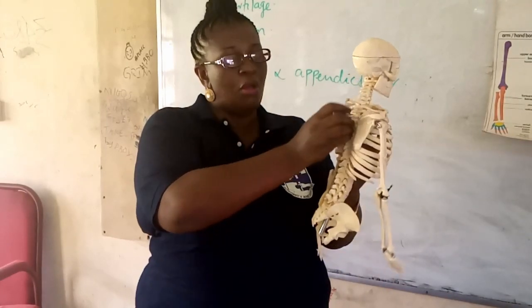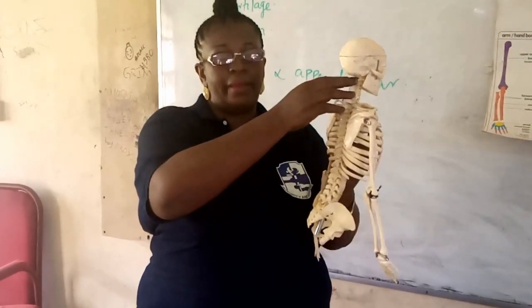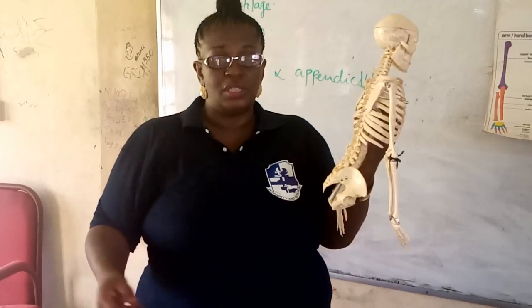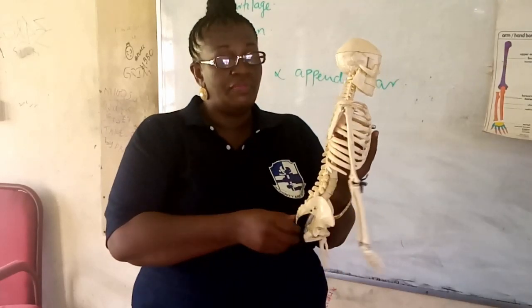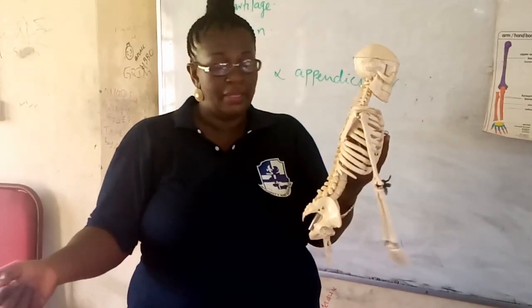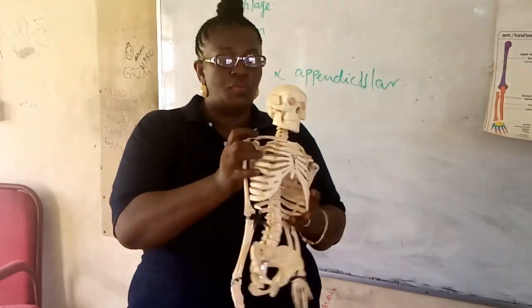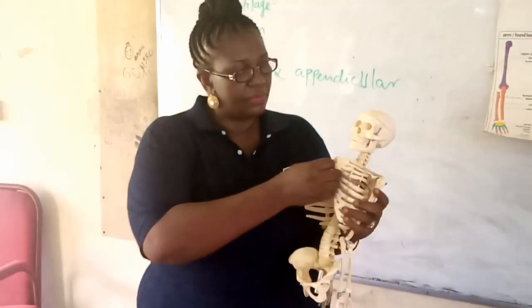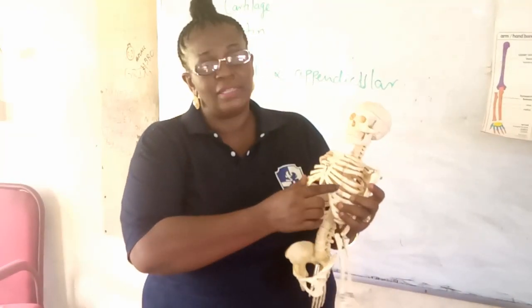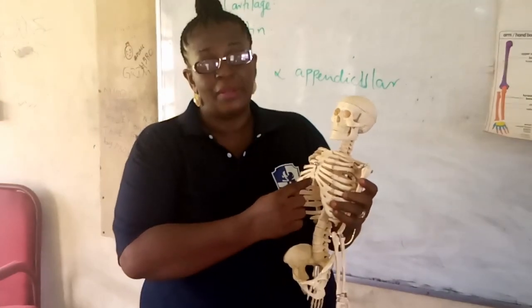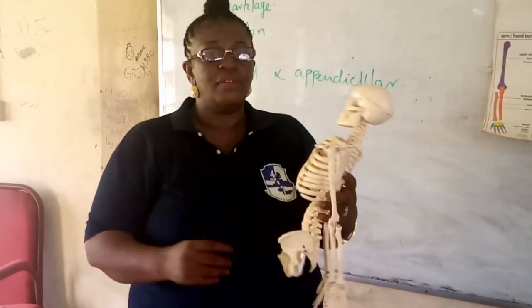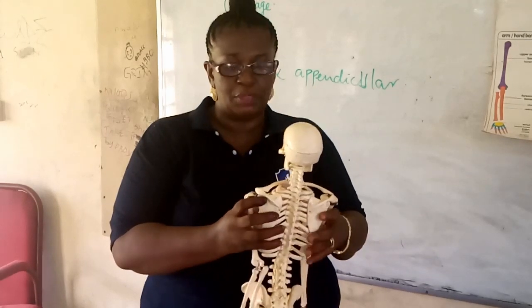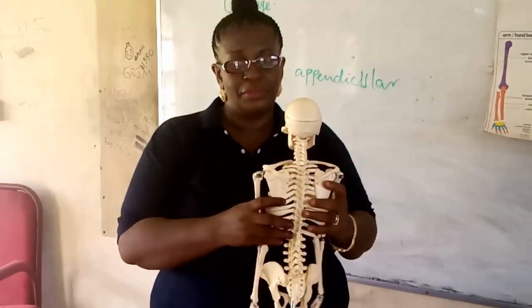The vertebral column runs from the neck to the tail region, depending on what kind of mammal. If it's a rabbit or a cat, it has a tail. And then we have the ribs, and joining both sides, the sternum. That's the axial skeleton. And then we have the appendicular skeleton, which is made up of limbs and girdles.